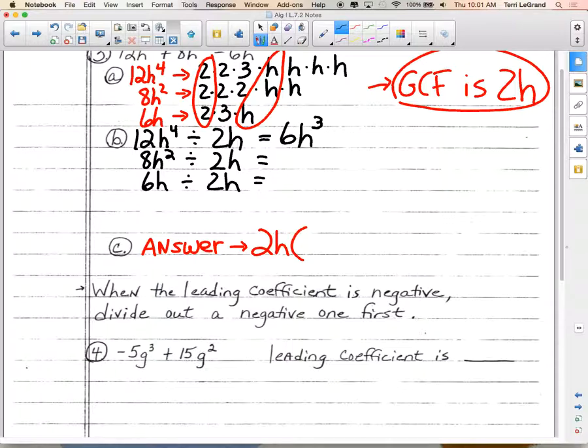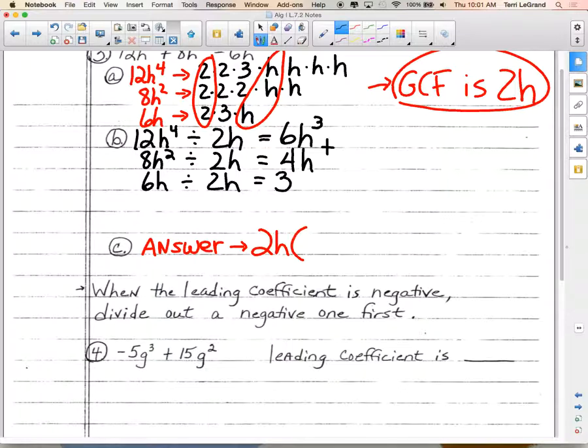Okay, what is 8h squared divided by 2h? 4h. What sign should go between those two? Addition, because the first sign in the trinomial is addition. Okay, what's 6h divided by 2h? 3. h? No. Okay, so remember what I said.